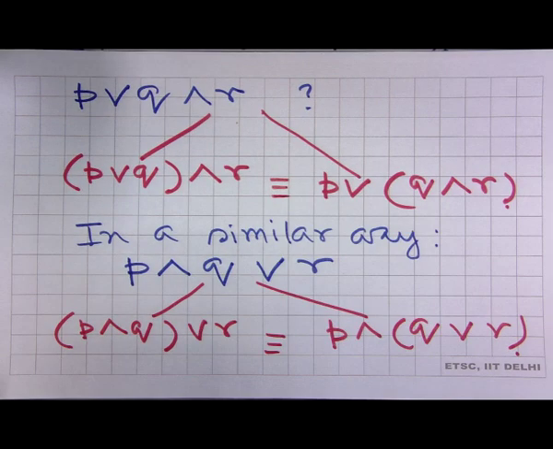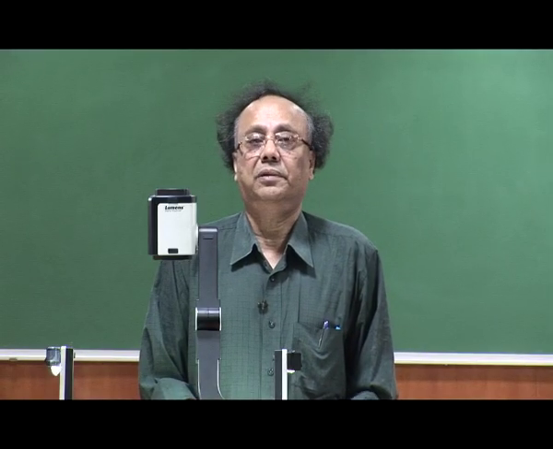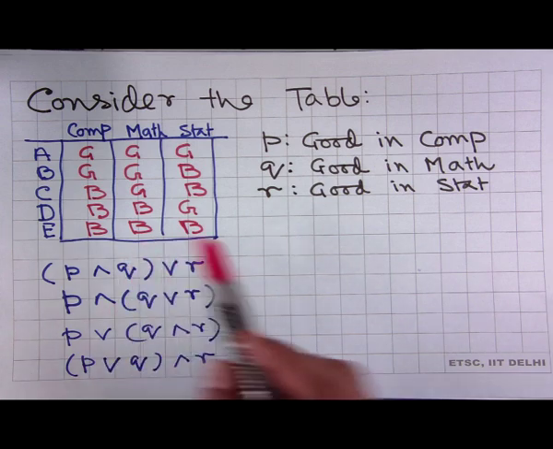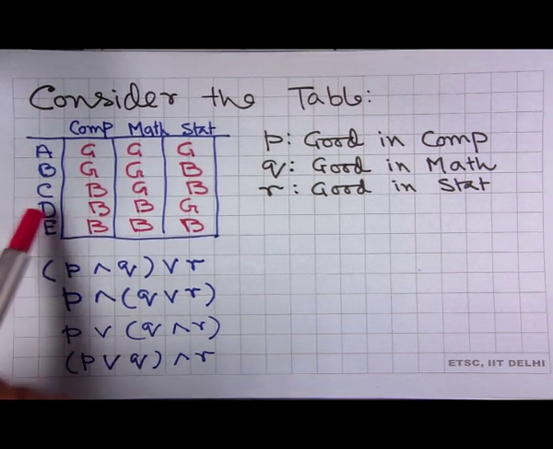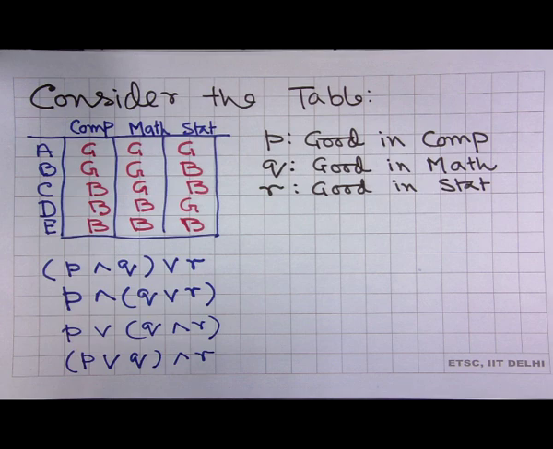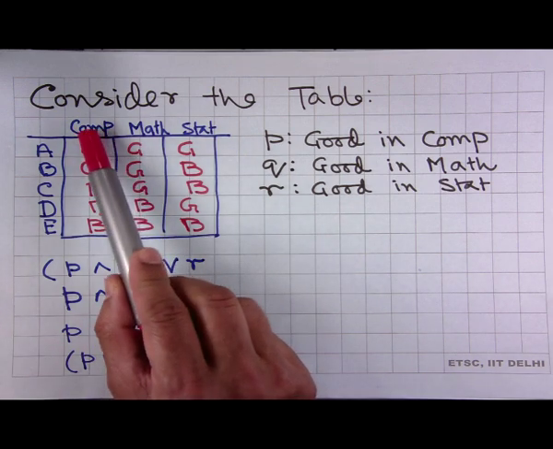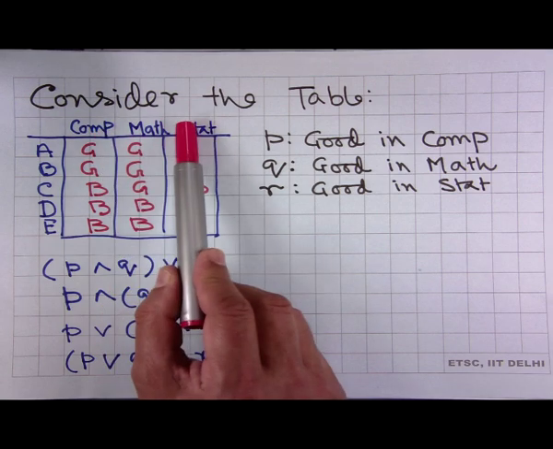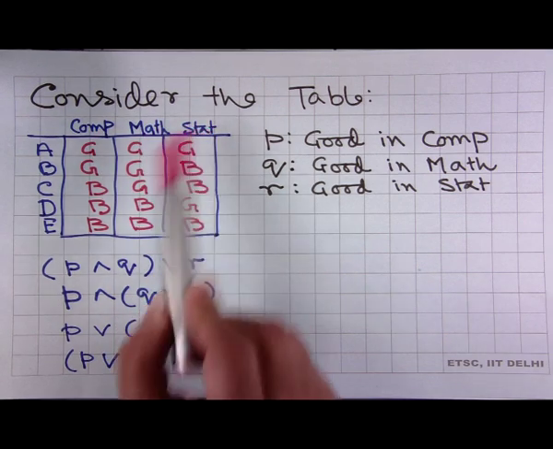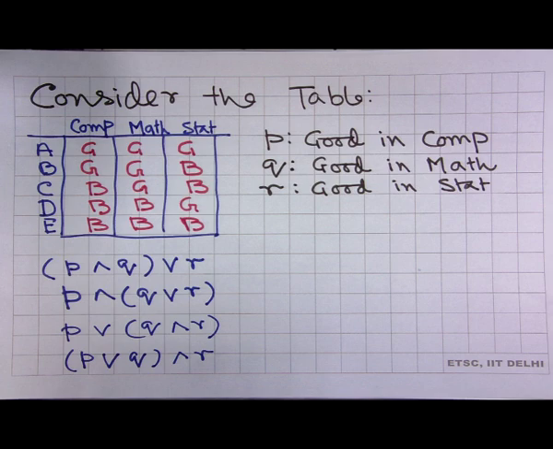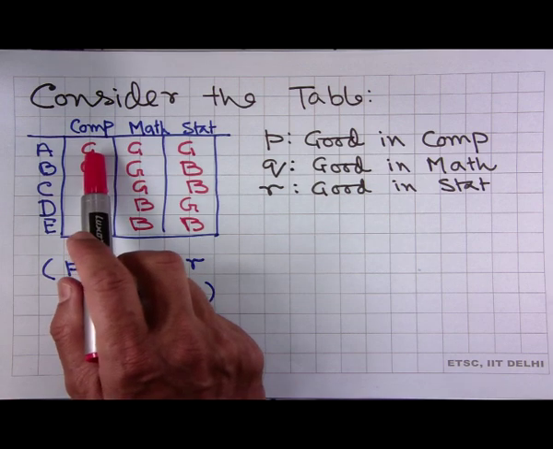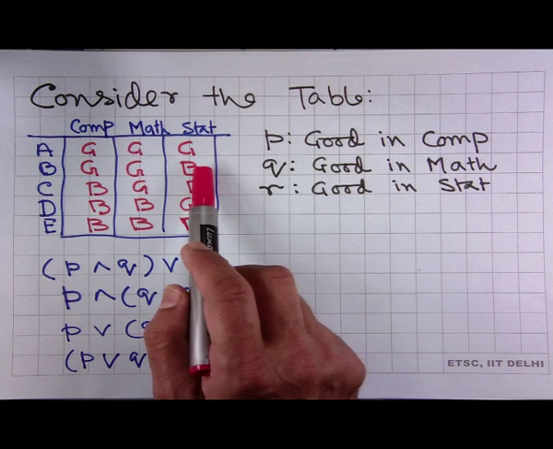To illustrate that, I will take a small example. Consider this following table. Suppose there are 5 students A, B, C, D, E, and there are 3 subjects: computer science, mathematics and statistics. In the table, we have given values G and B. G stands for good and B stands for bad.